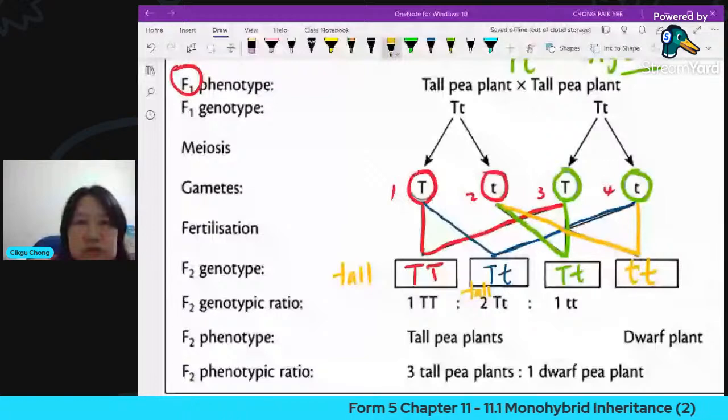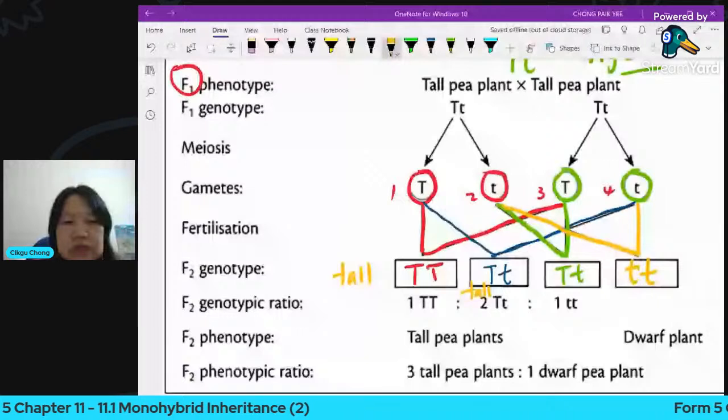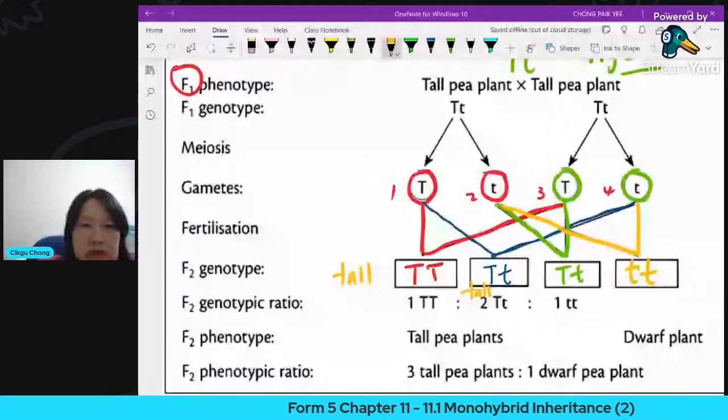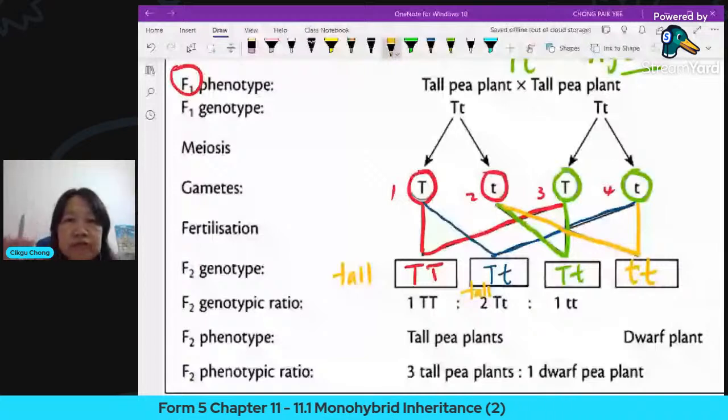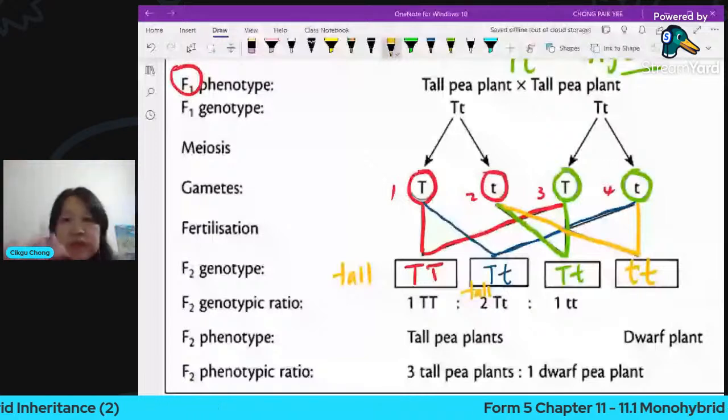So what you do is you fill up the table here, horizontally or vertically. You have 2 capital T here. You have 2 small t here. You just have to combine, pretty much like what we did: 1, 3, 1, 4, 2, 3, 2, 4. If you don't want to do that, you can also do a Punnett square.